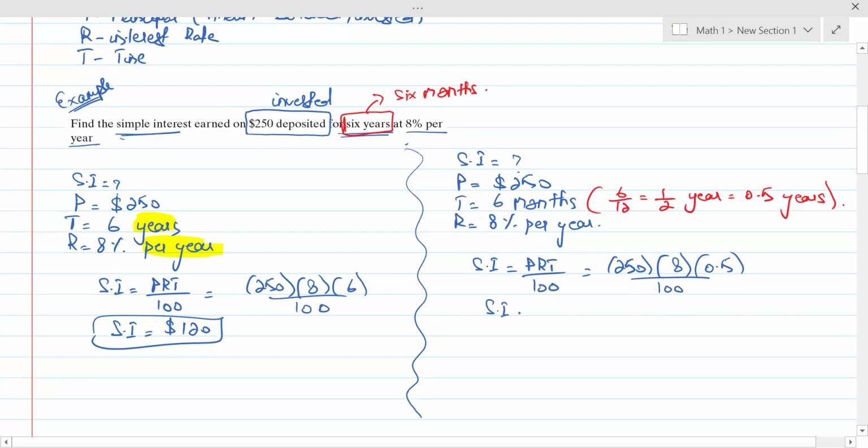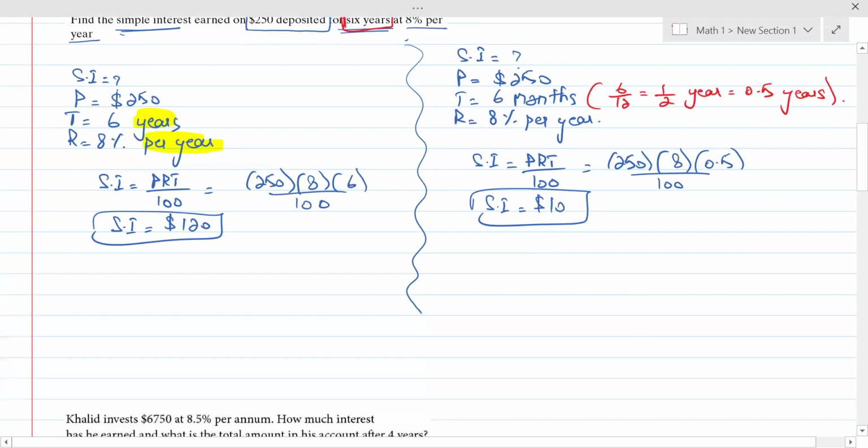So we are getting this simple interest as 250 into 8 into 0.5 divided by 100. We are getting this as 10. So $10 is now the simple interest earned. Okay, moving on to the next example.